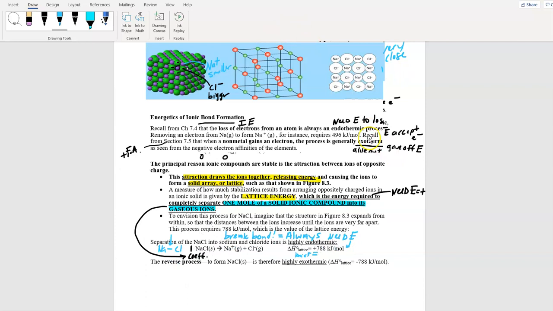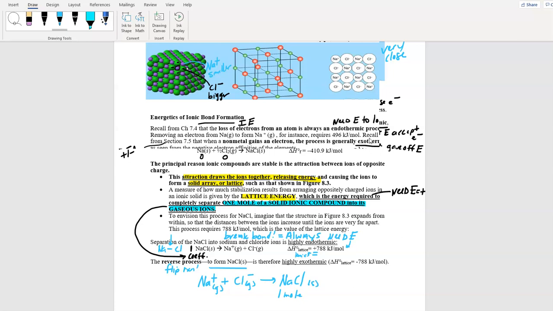But here's the cool part. What if we wanted to form sodium chloride? So if we take this equation and we reverse it, aka flip the reaction, flip the equation, now I take my gaseous ions and form that 1 mole of solid compound.